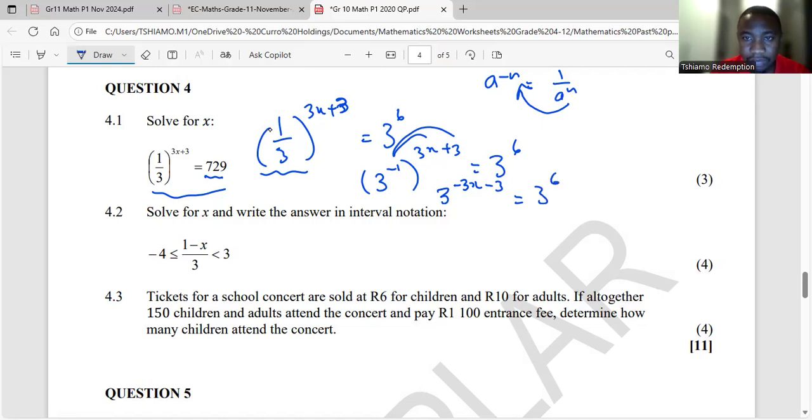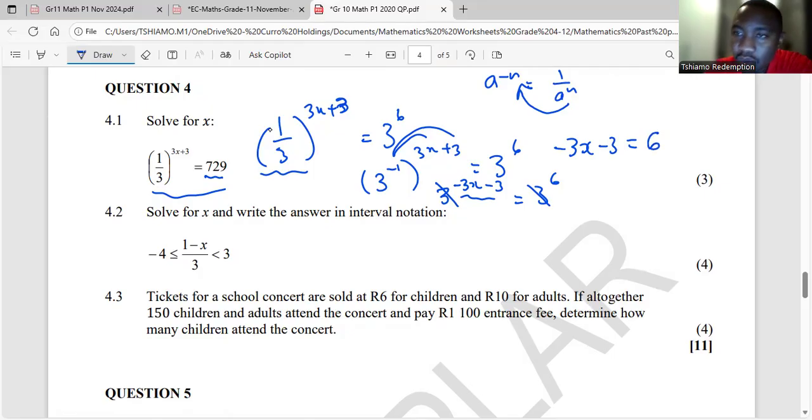And that side we have 3 to the power of 6. At this point now, all the bases are the same. And if the bases are the same, drop down the bases and equate the exponents. So in this case, I'm left with negative x minus 3 equals 6, that's right.